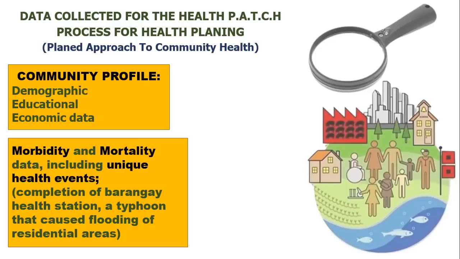And even the health events, including unique health events and even non-health events, such as typhoons, floods, or the calamities, as we call them. We also need to assess those.